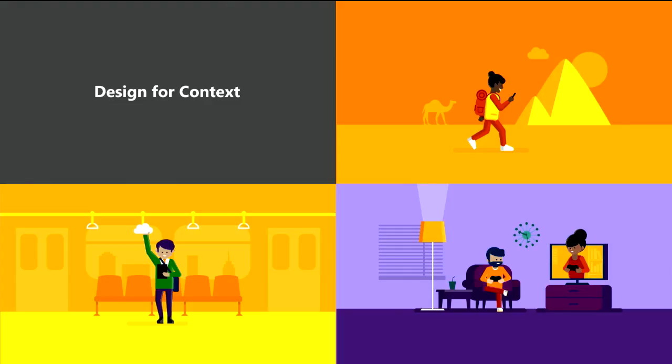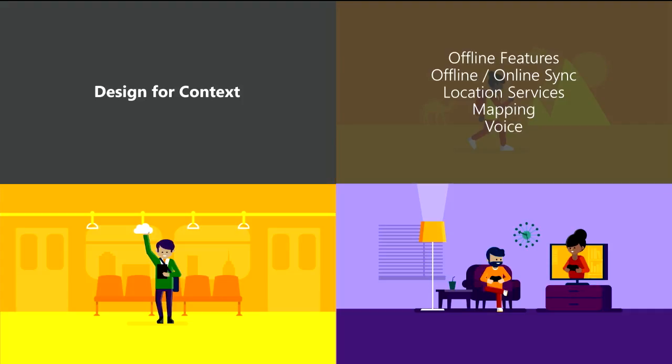So let's talk about designing for context. Now, what do we mean by this? I mean, if you're in the desert on a hike, who wouldn't want to be? If you're on the subway, a lot of us have to do that. Or if you're at home on the couch, those are different places in which we're using our mobile applications. So consider, if you're out on a hike, what features might be important to you? Offline, clearly, is going to be an issue. By the pyramids, I don't know, I haven't been there, but there may not be a cell tower nearby.